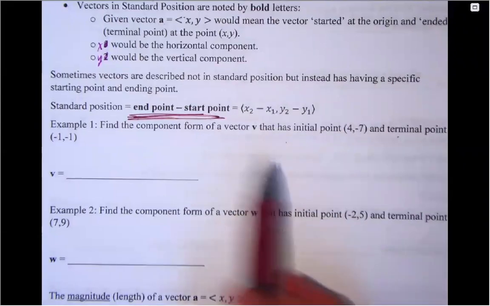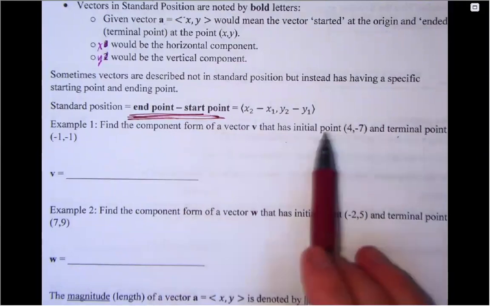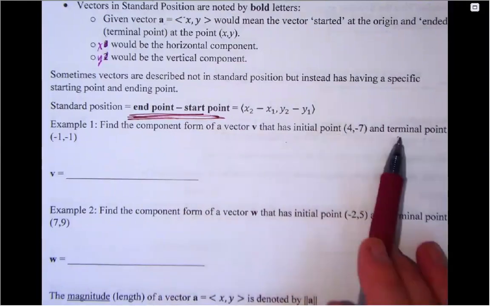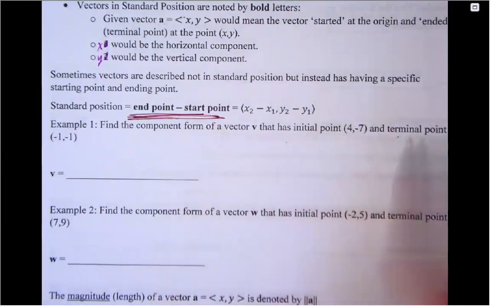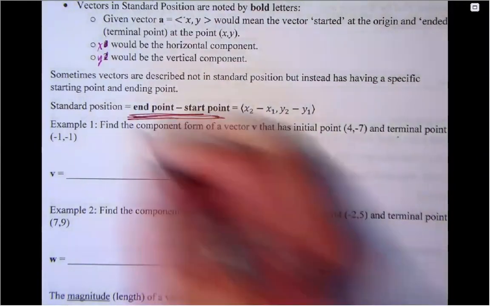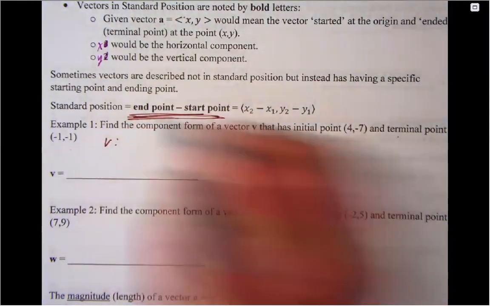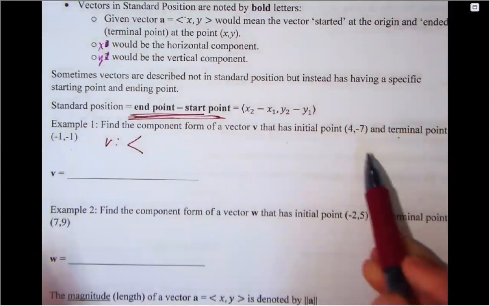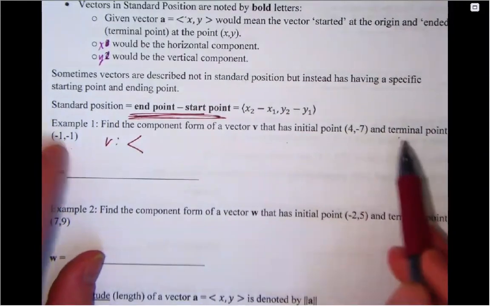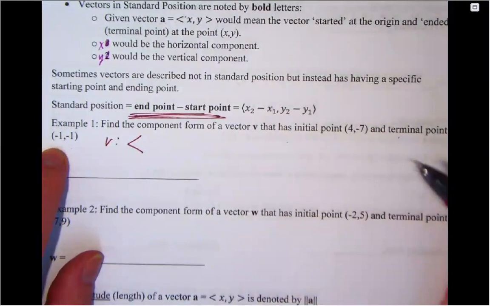So if my vector v has an initial point at (4, -7) and terminal point at (-1, -1), how would I find what that standard position vector is? Well, again, subtract the x's, but it's always end minus start.